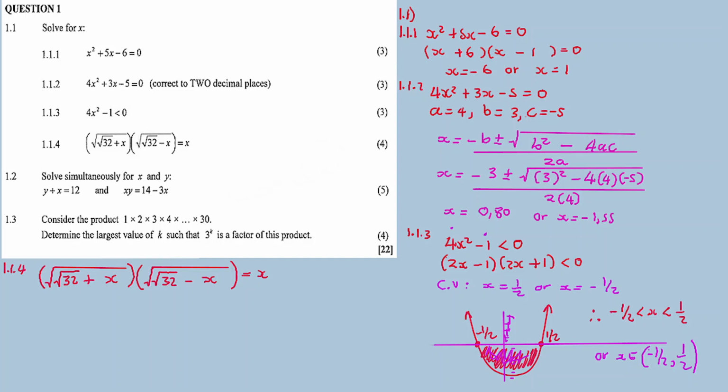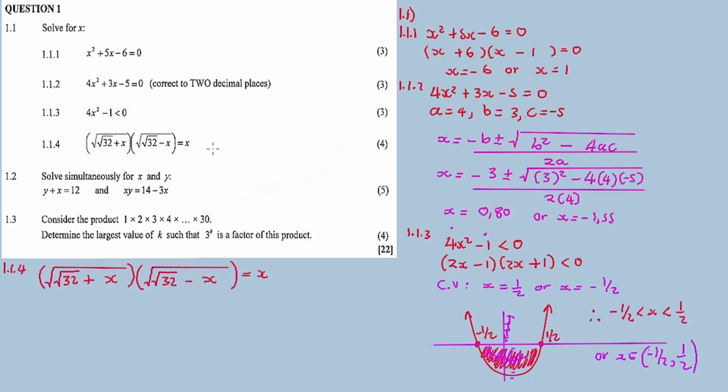1.1.4, this is a surd equation, but there are some manipulations of surds, or let me say we have to solve for these brackets. I remember one time a teacher who teaches high school sent me a WhatsApp asking me to explain this sum in 1.1.4.